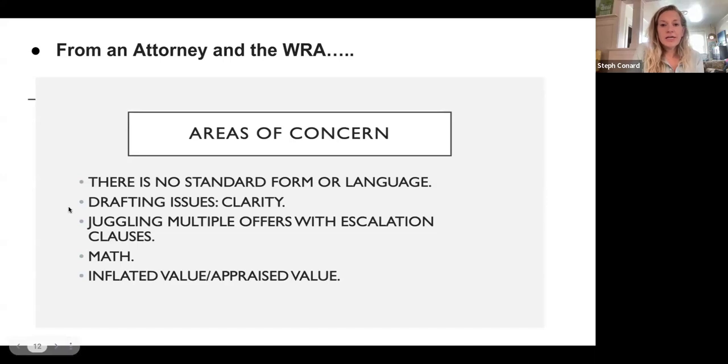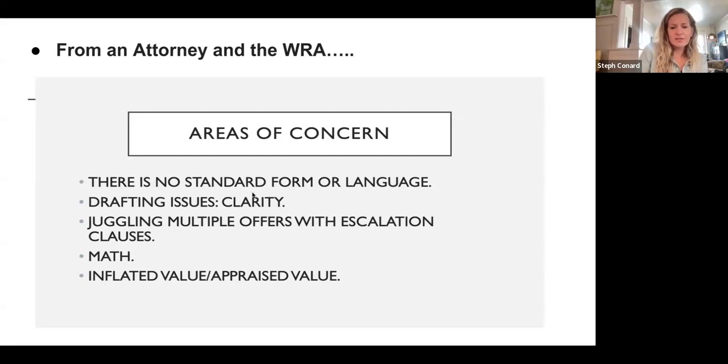This is from an attorney and the WRA. Areas of concern as it relates to the escalation clause. I should say, there was no standard form or language. There was issues around clarity, juggling multiple offers with escalation clauses, the math involved, and inflated value and appraised value.